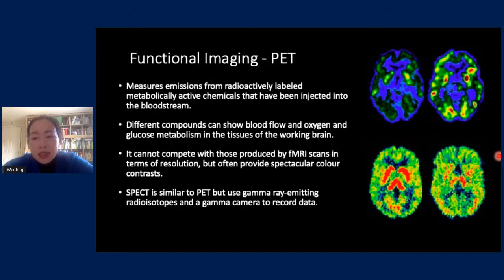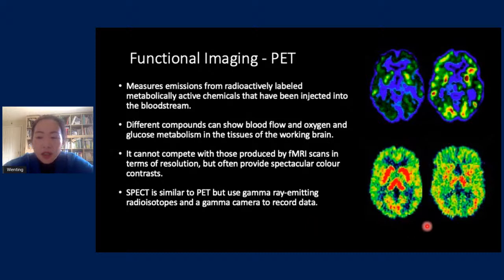The downside is that the image produced by PET scan cannot compete with those produced by fMRI scans in terms of resolution. But as you can see from here, it provides spectacular color contrasts. The warmer the color, the more active the area of the brain, so doctors would find it easier to tell which part is active.